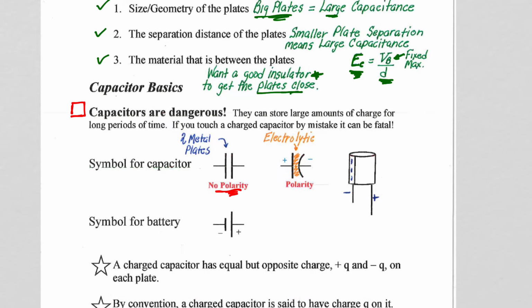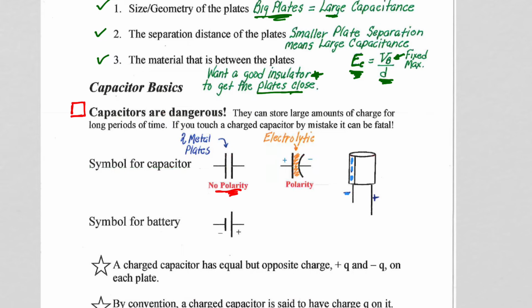Now, electrolytic capacitors, since they do have polarity, will always have markings on them. So they'll have markings to designate. There's usually a band. That's why I have the dark band here with the negatives shown to indicate the negative. The negative lead is also always smaller than the positive lead.